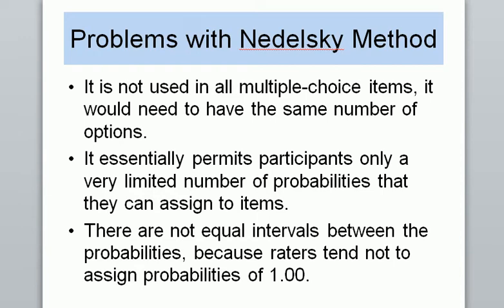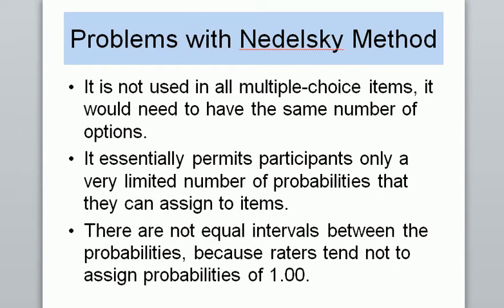The next problem with this method is that there are not equal intervals between the probabilities. There are not equal intervals between the probabilities because raters tend not to assign probabilities of 1.